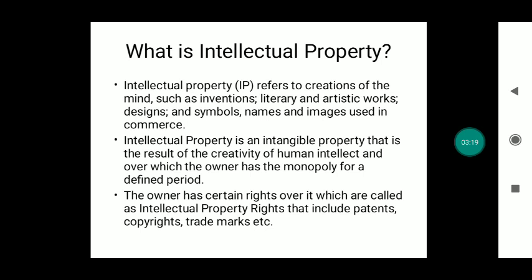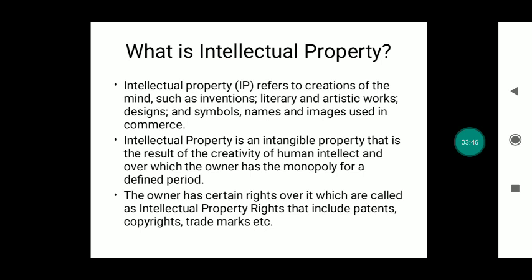Now we'll discuss what is intellectual property, which is in short called as IP, which refers to creations of the mind, such as inventions, literary or artistic works, industrial designs, maybe symbols, names and images used in commerce.